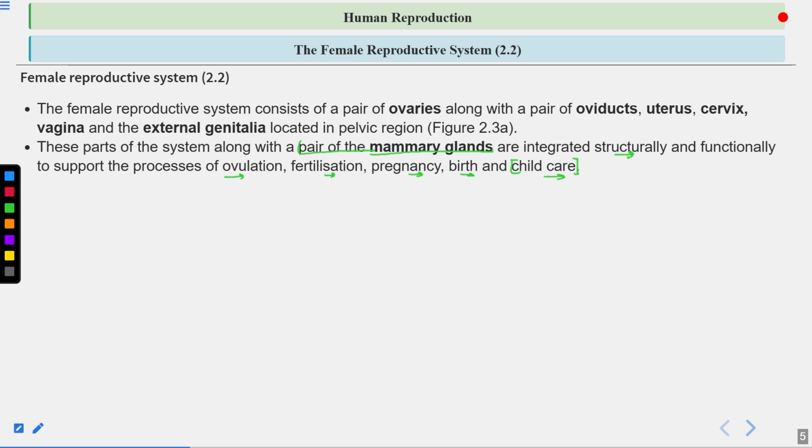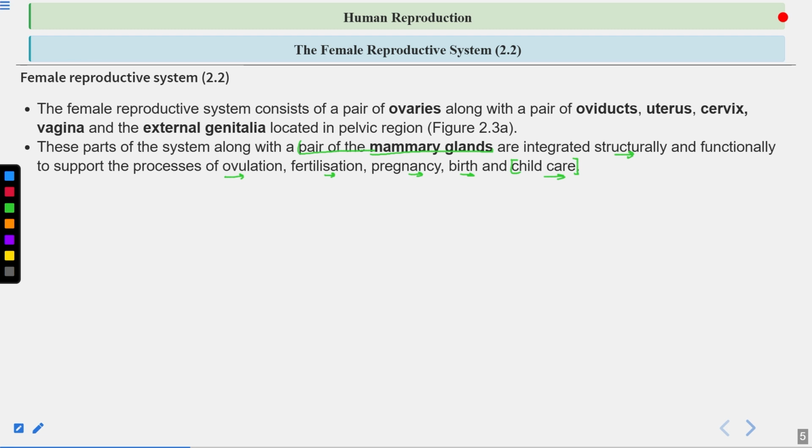This mother's milk is known as colostrum, a thick yellow fluid. It is very nutritious, and it also consists of antibodies such as IgA, immunoglobulin A. Antibodies are immunoglobulins. So IgA is present in mother's milk, known as colostrum, and it provides nutrition and also immunity to the newborn.